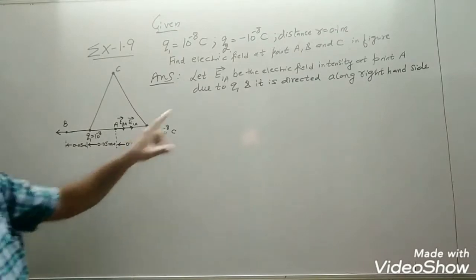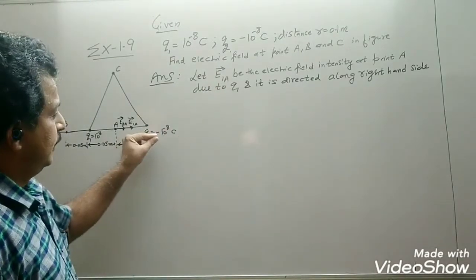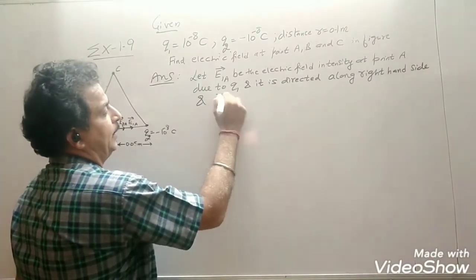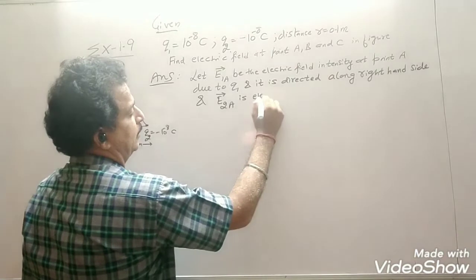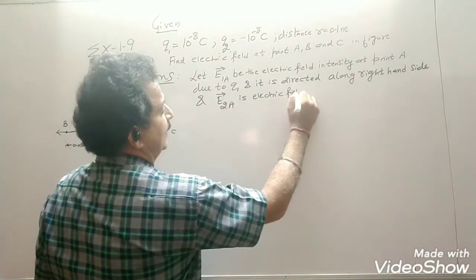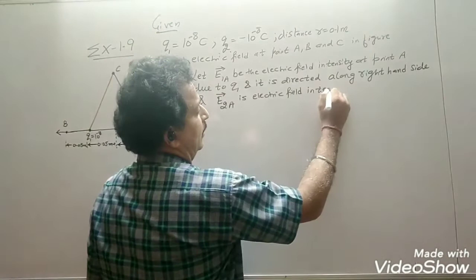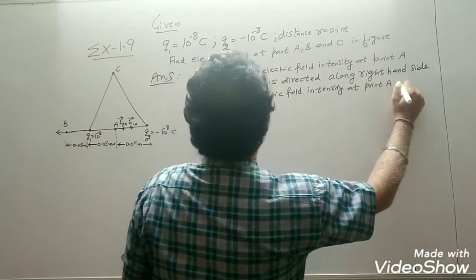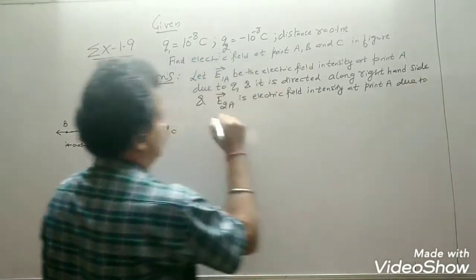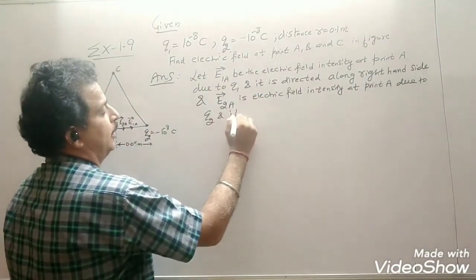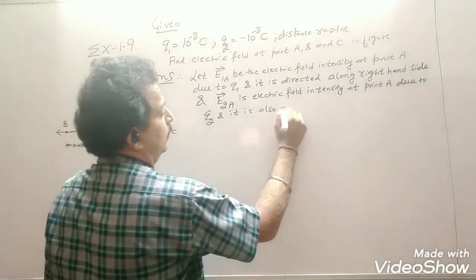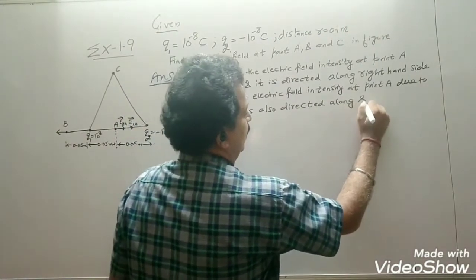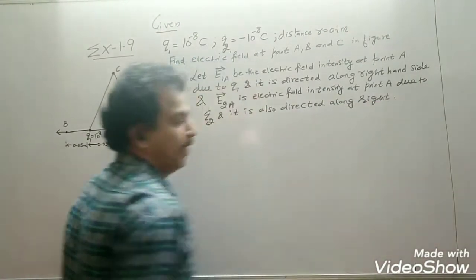Similarly, we can write for E2A: E2A is the electric field intensity at point A due to the source Q2, and it is also directed along the right hand side.